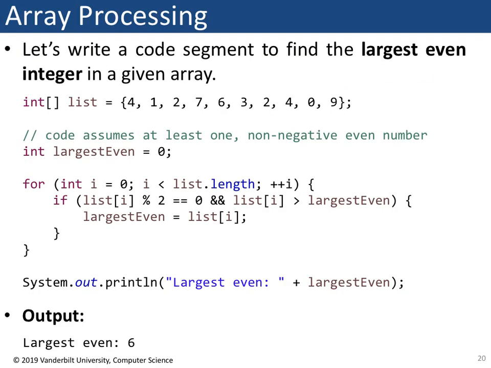So let's look at this code that should find the largest even integer in a given array. The first statement creates an integer array called list, and then we are initializing it with these values. This is another way to initialize an array.